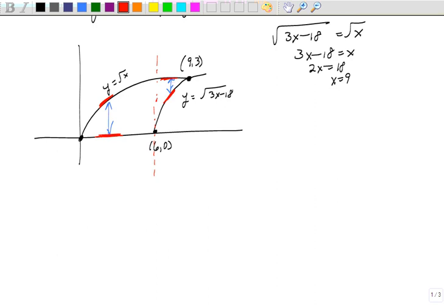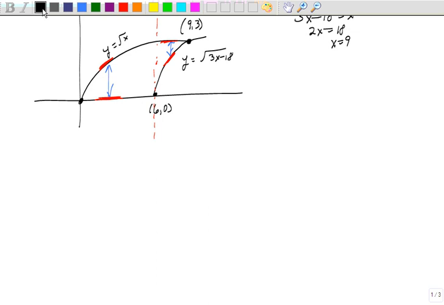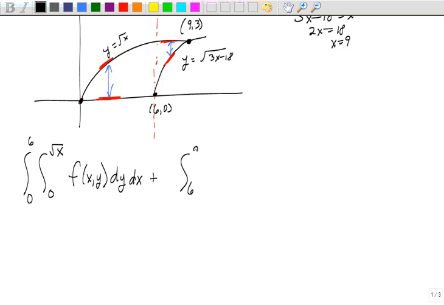So they change. So we'd have to split up the double integral. So we're going to have to go from 0 to square root of x, 0 to 6. Then we have to go from 6 to 9. The top function is square root of x. The bottom is square root of 3x minus 18.